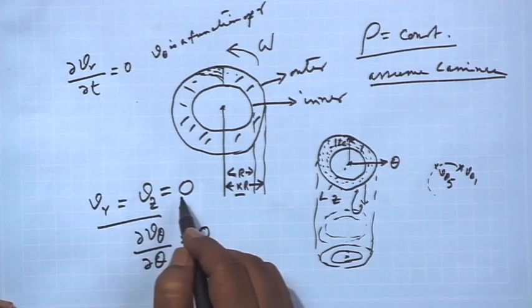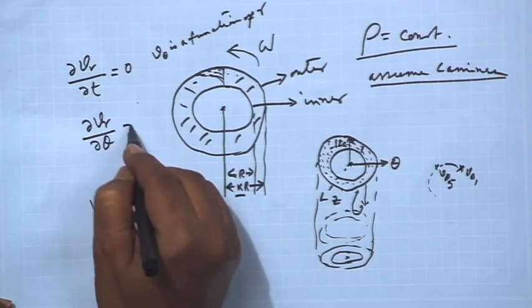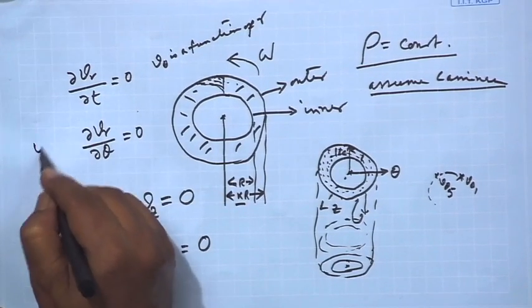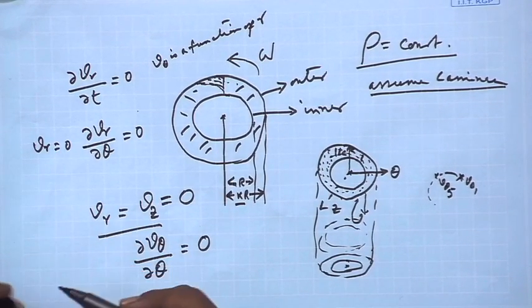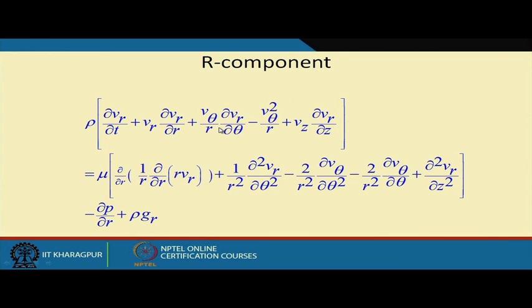Since V r is 0, del V r del theta is also 0, so this component is also not there. Minus V theta square by r remains, so it is rho V theta square by r with a negative sign. Now, V z is also 0, so this component remains 0.